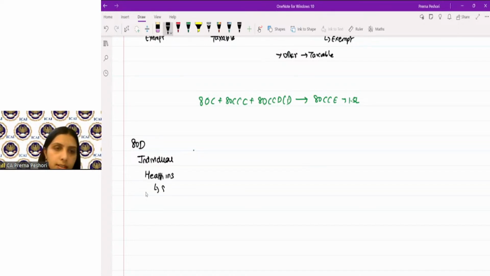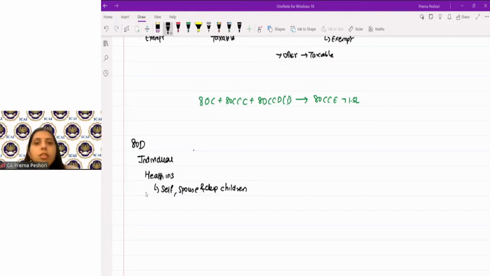Who is covered over here? Self, spouse and dependent children. So deduction is allowed for the health insurance premium paid, right? And what is the deduction which is allowed?